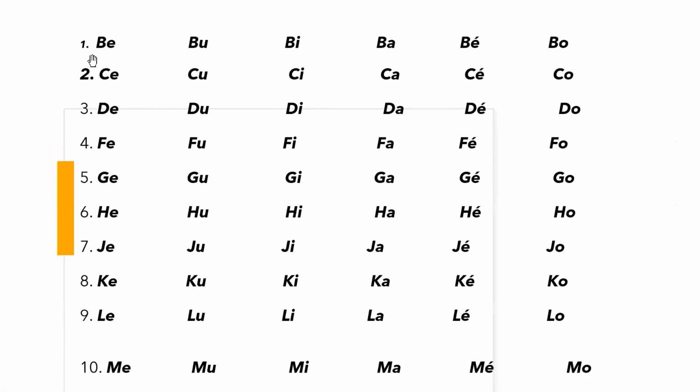So remember the be. This is be, bu, bi, ba, bu, bo. And this will be e, u, i, a, u, o. This will be de, du, di, da, du, do. Fe, fu, fi, fa, fu, fo. Ge, gu, gi, ga, gu, go.